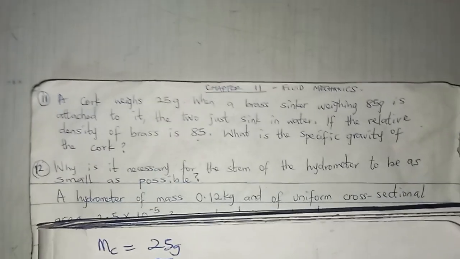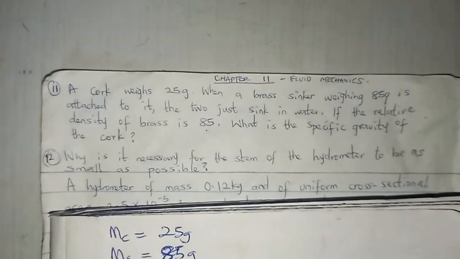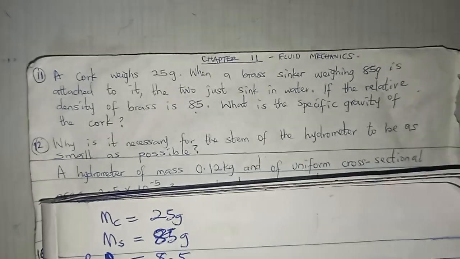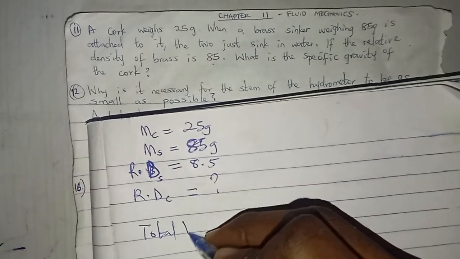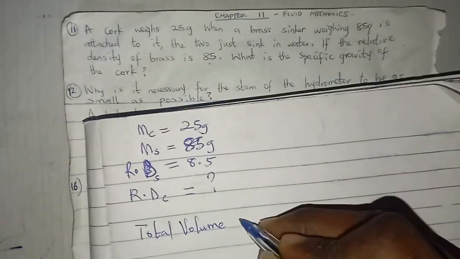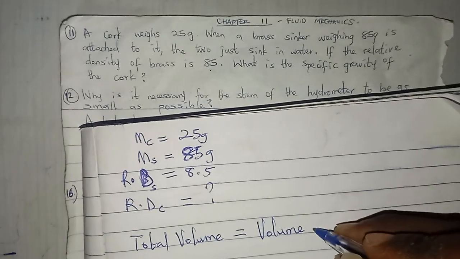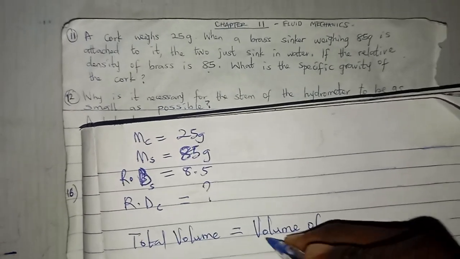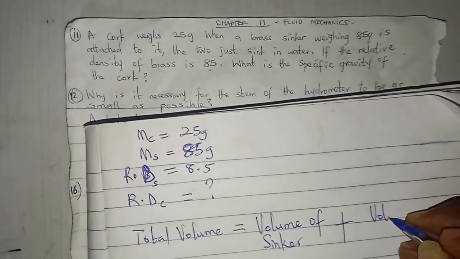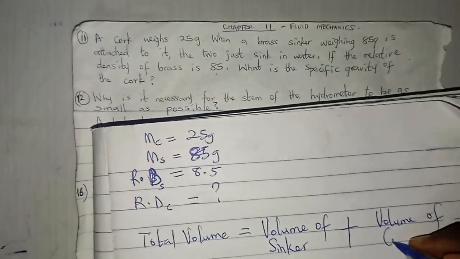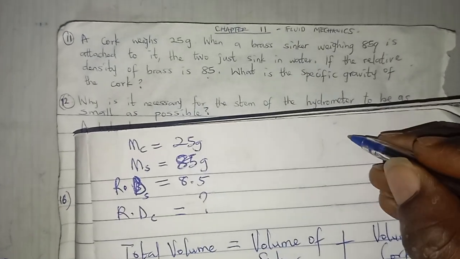In order to find this, the solution we use always comes from total volume equals volume of sinker plus volume of cork. This is a formula you need to know. Whenever you are given a question on cork and sinker, think about this formula.